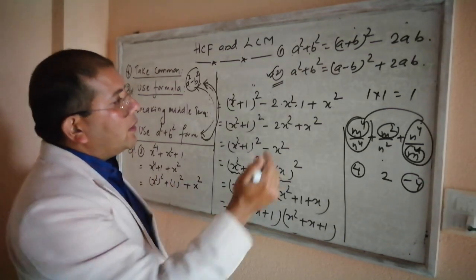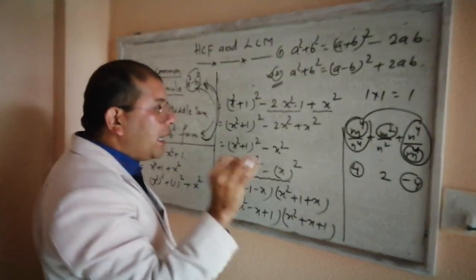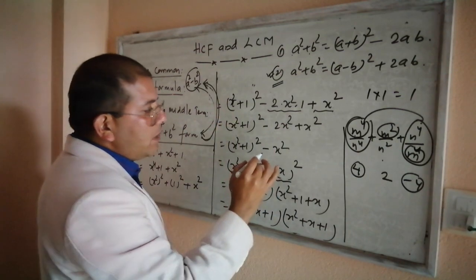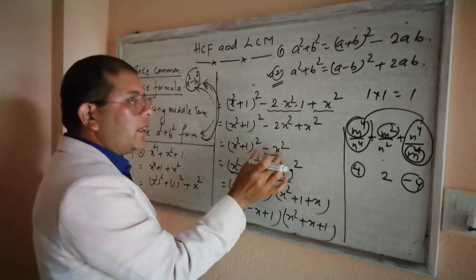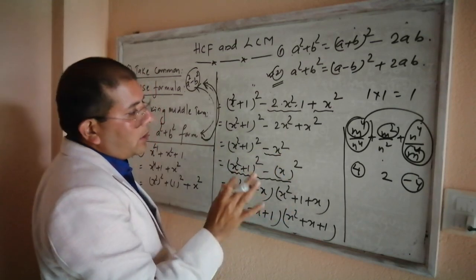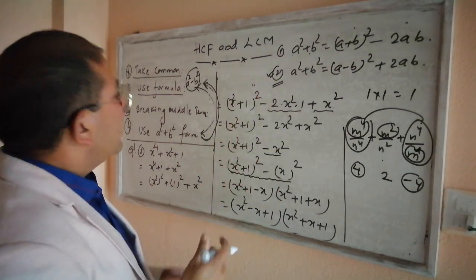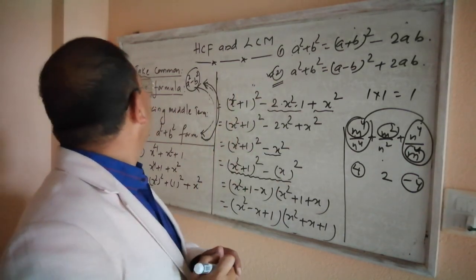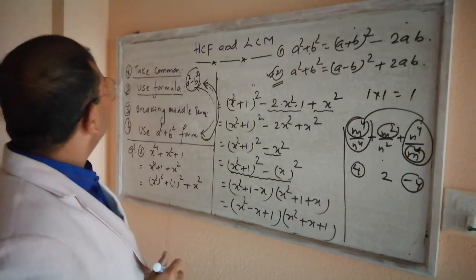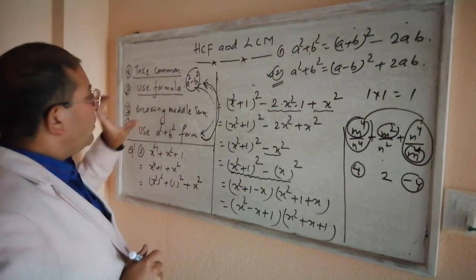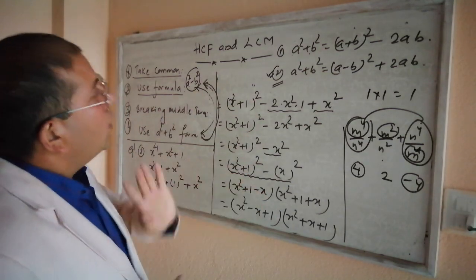You can add or subtract these two terms, and check whether your result is in the negative sign or not. Your result must have a negative sign, then you can convert it into a square minus b square form. So these are simple concepts of factorization. And don't forget: take common, use formula, break middle term, use this a square plus b square, then you can do factorization. Okay.